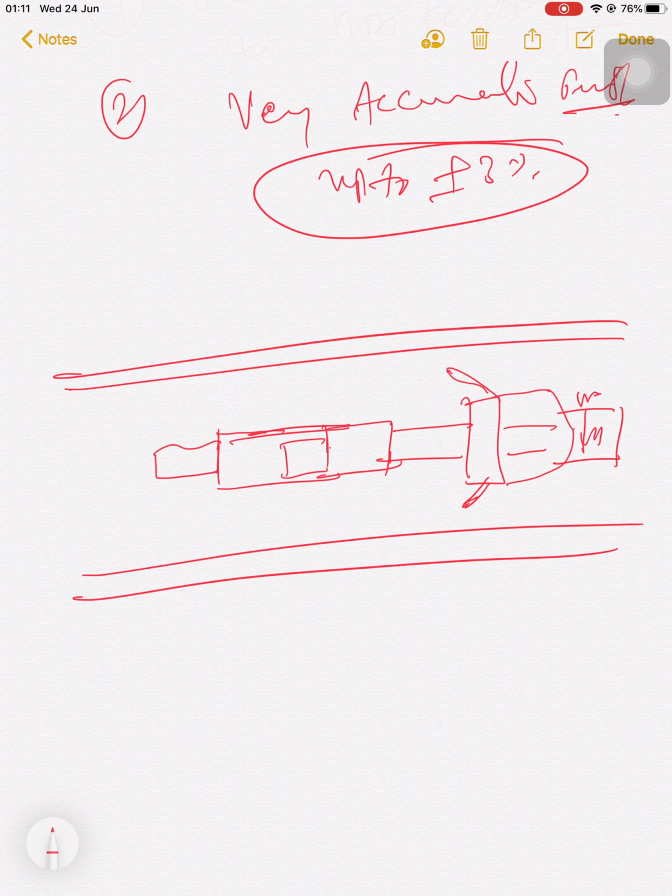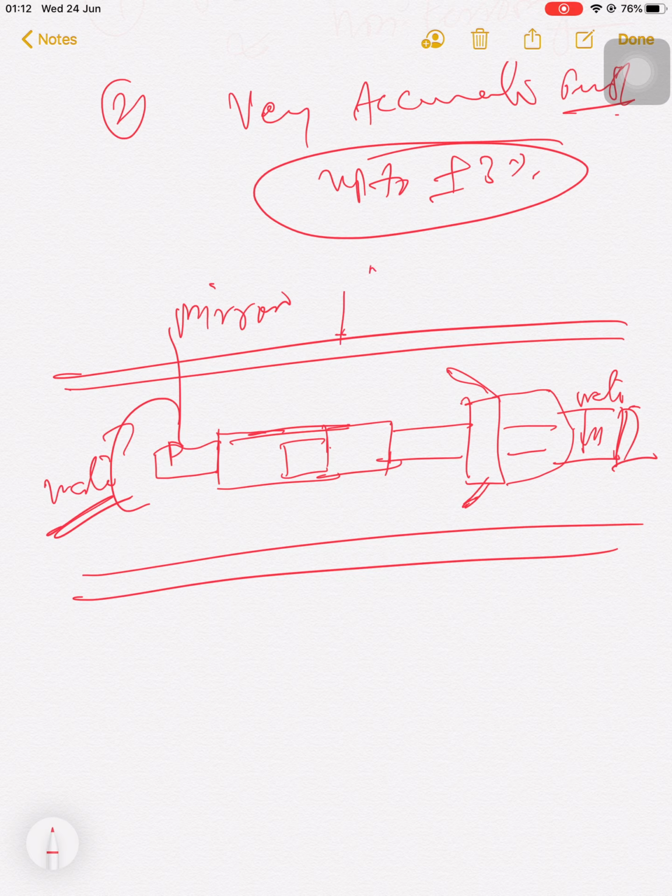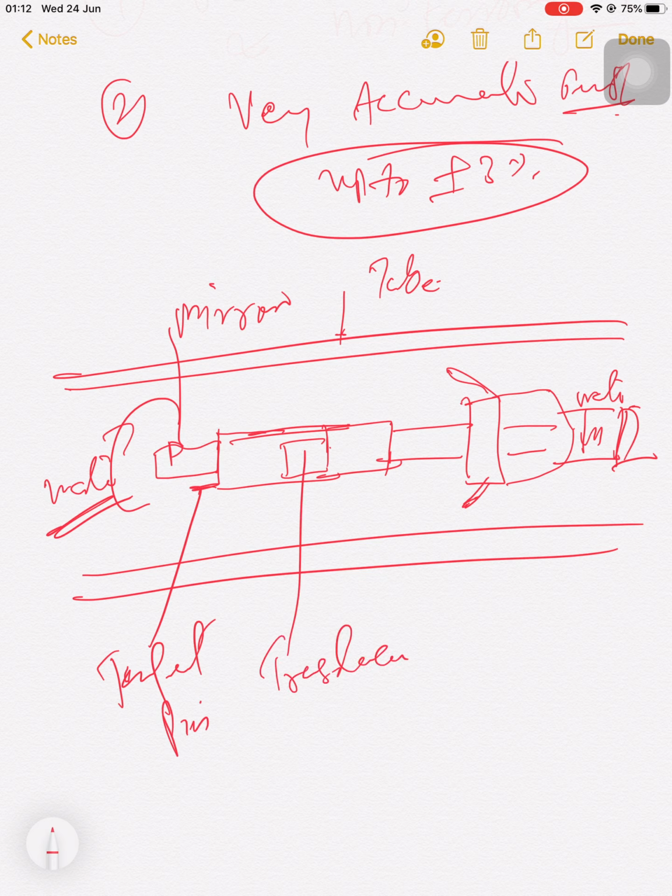This is the water fill, and this is the back. This is the water, and this mirror is in front, this is the tube, and there is the target pin, and this is the transducer.